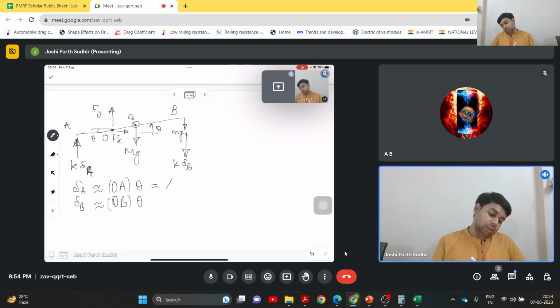OA is basically L by 3, and OB will be 2L by 3 into theta.